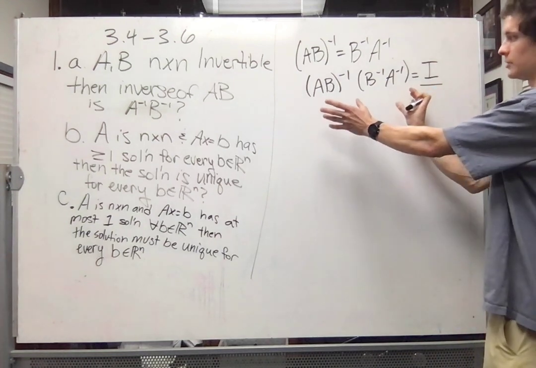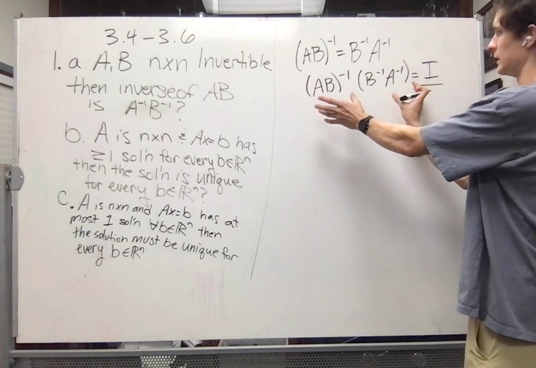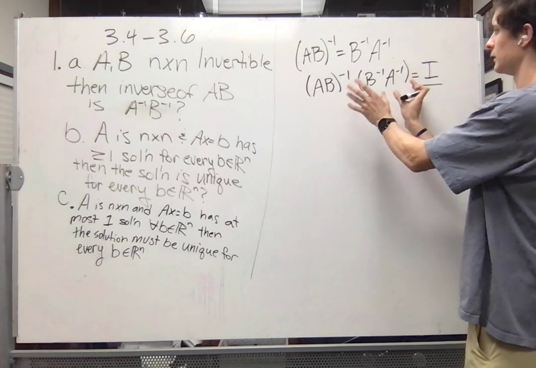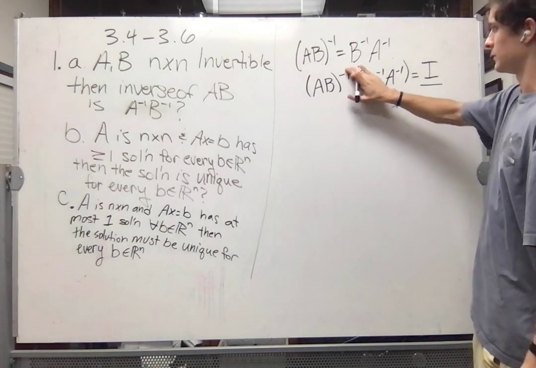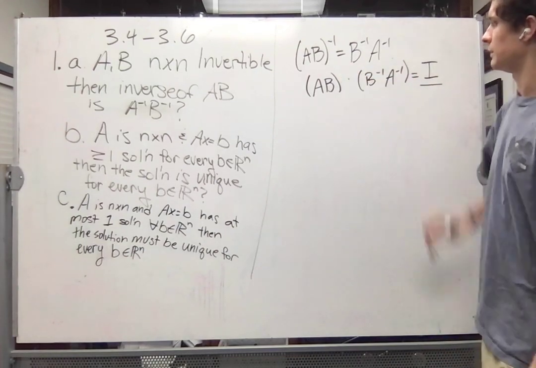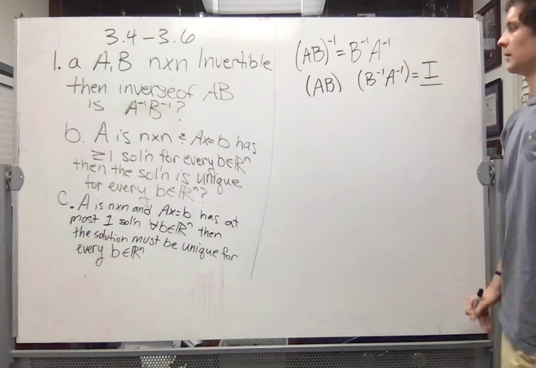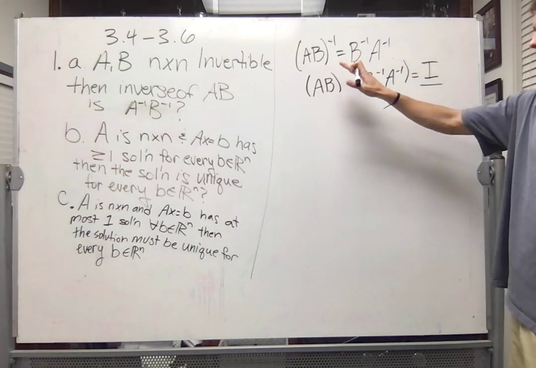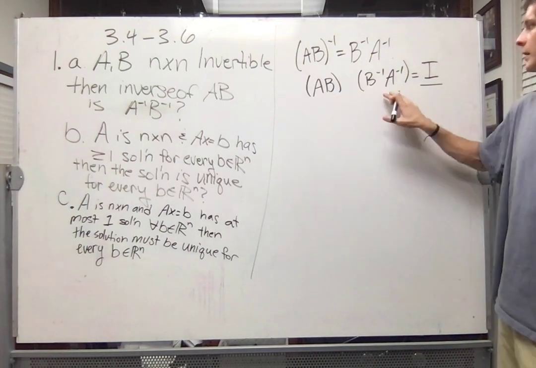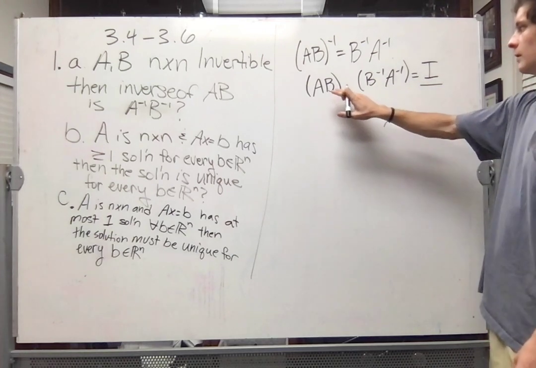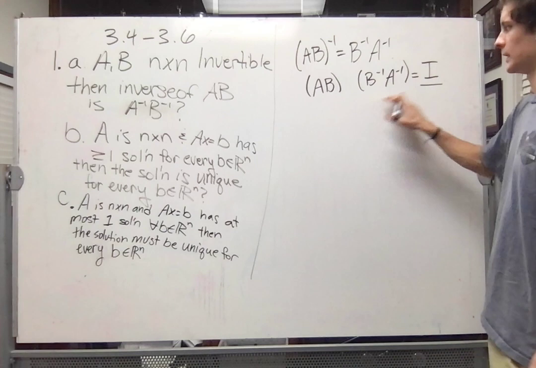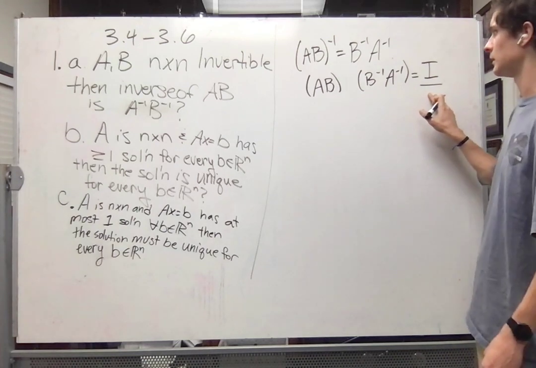The nice thing about matrix multiplication is that we can freely associate the parentheses. The inverse is something that we multiply our matrix by to get the identity, right?